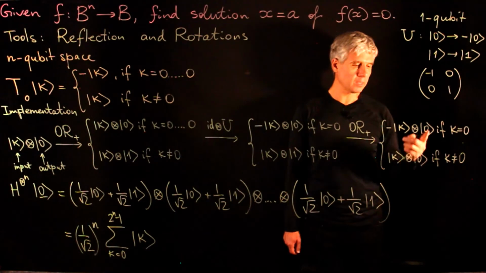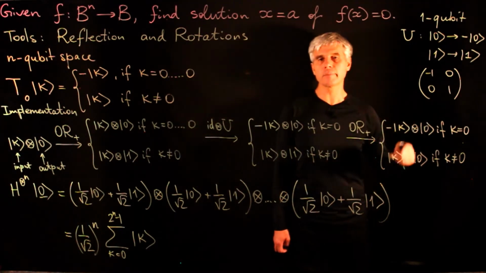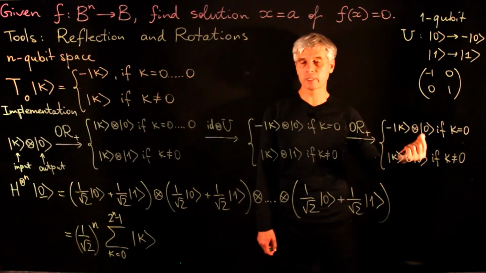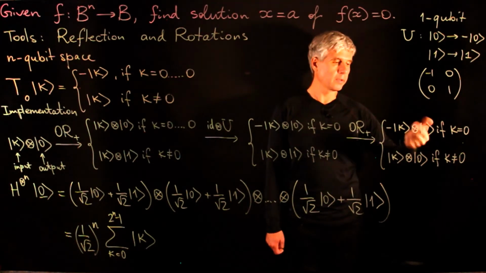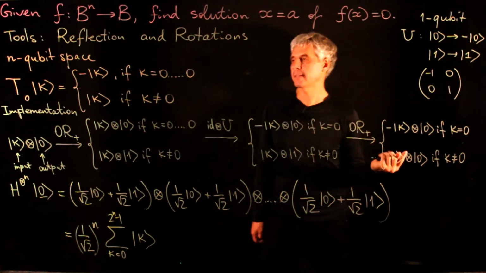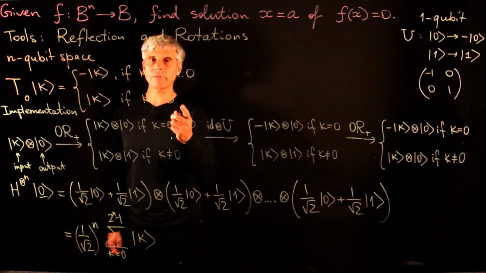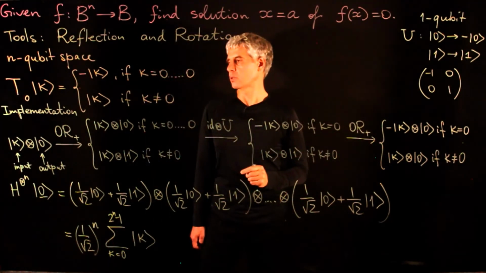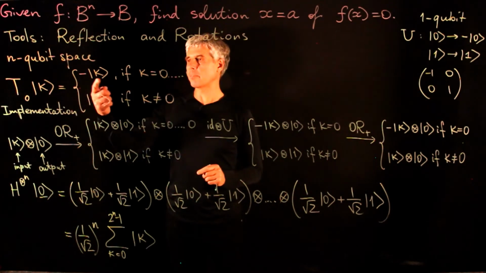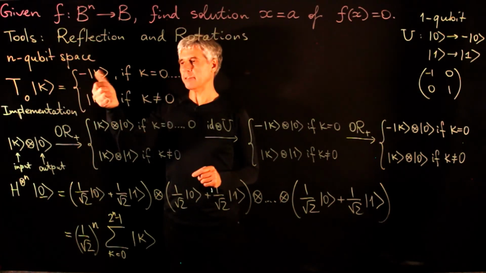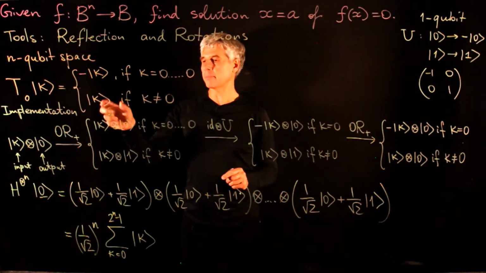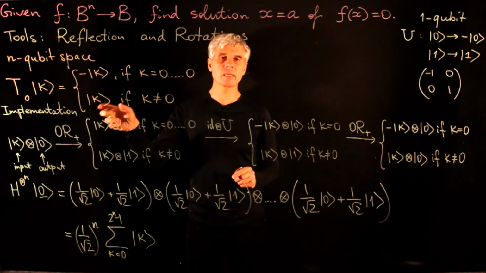We see that this last auxiliary bit is now decoupled, and so we can throw it away. As a result, we get exactly the reflection that we wanted. The 0 bit is reflected, and all other non-zero bits stay where they are.